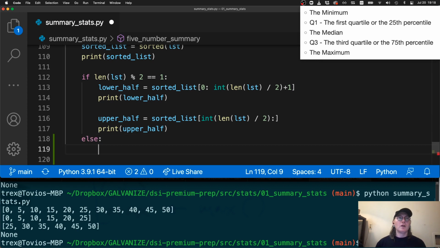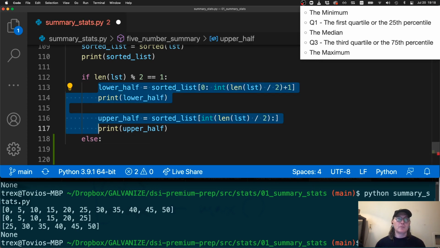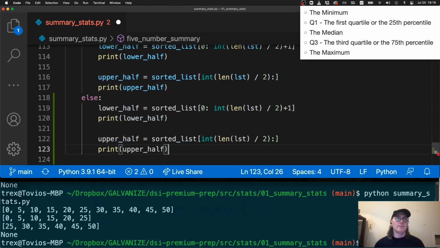That's going to be very similar, with one tiny difference: we're not going to do the plus 1. There are other ways that we could write this where we wouldn't have a conditional statement like this, and I'll clean this up after so that you can see an alternative way of doing that.